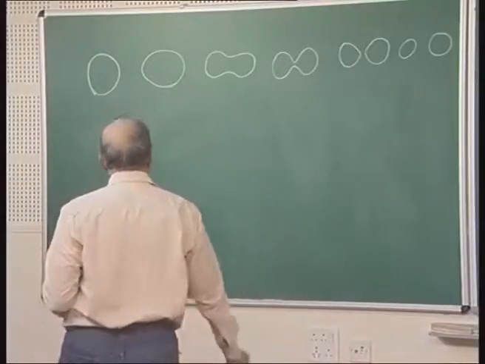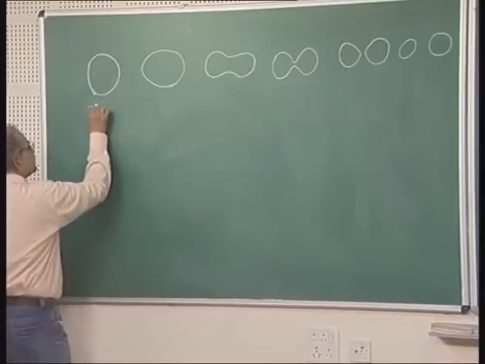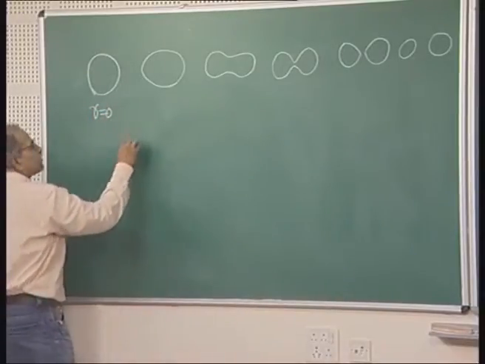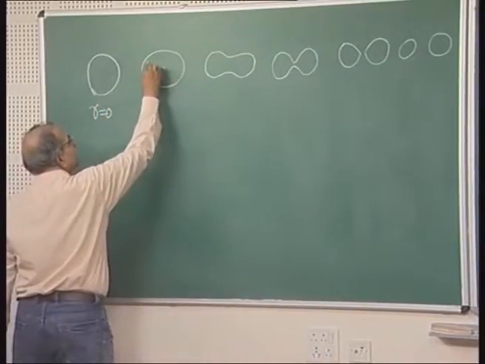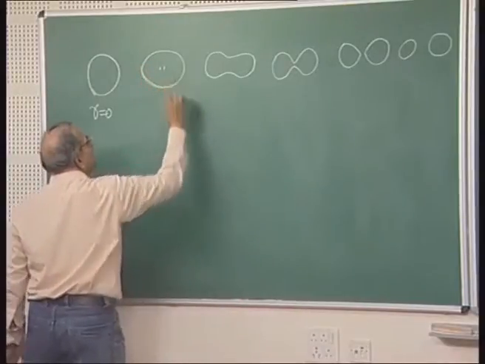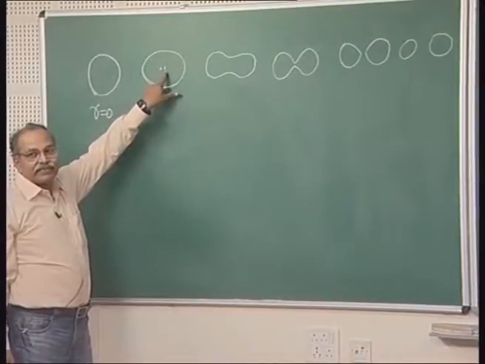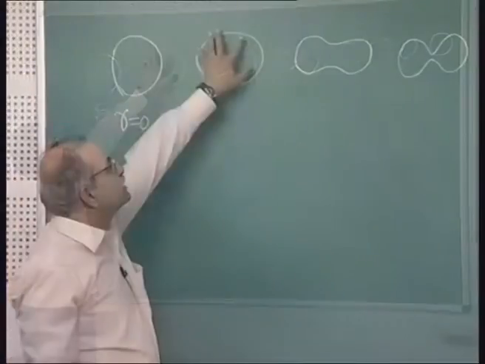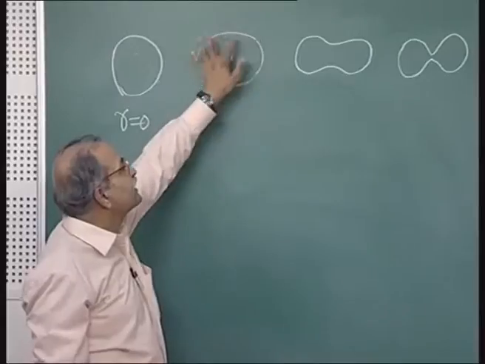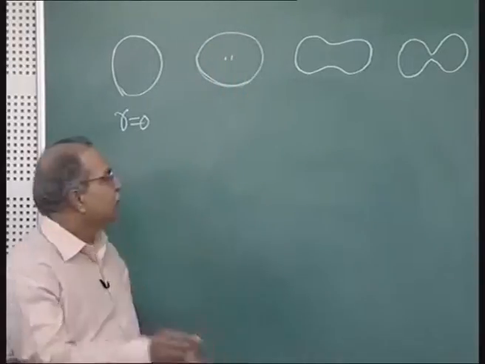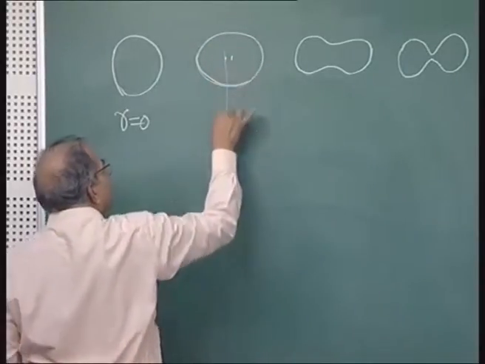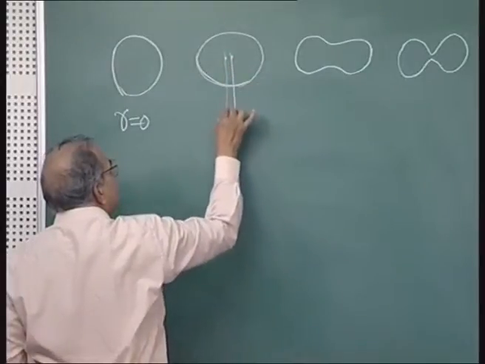So, here the deformation parameter, if I write it as r, that r is 0, and here, if you think of two parts, one part is centered here and one part is centered here, so slight shifting. So, this r parameter is small.